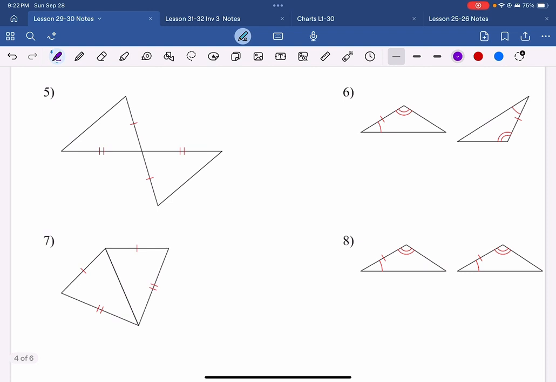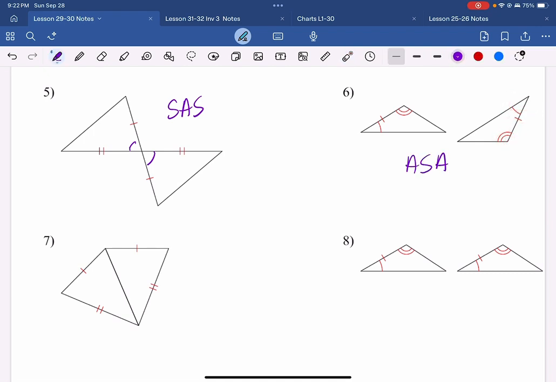Number 5, vertical angles, side, angle, side. Number 6, angle, side, angle.